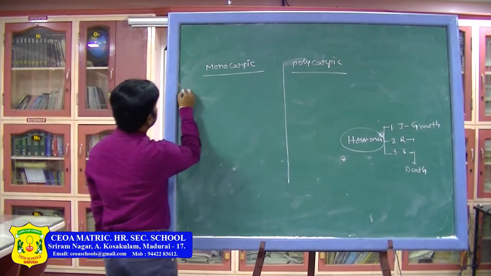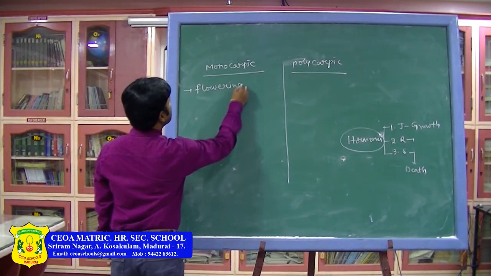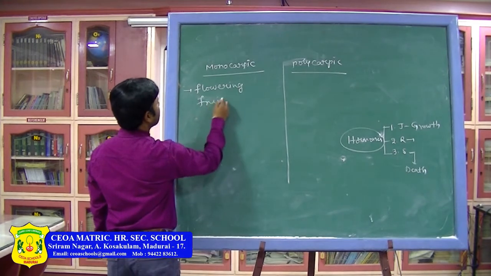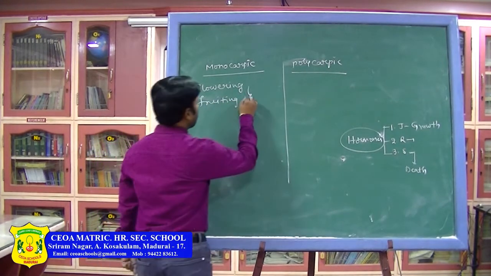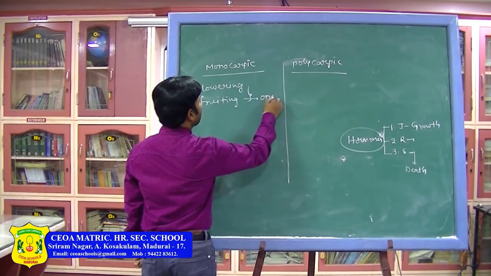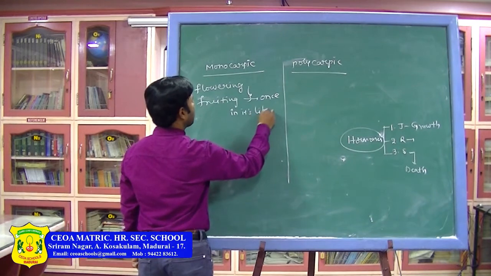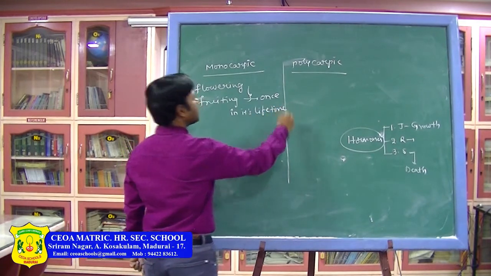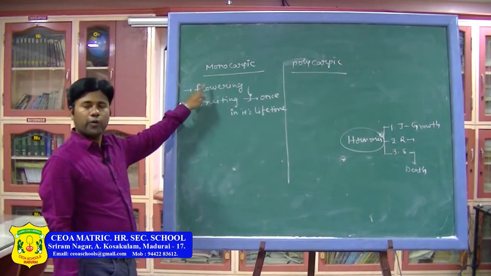Here monocarpic means flowering and fruiting, formation of the fruit, these 2 will happen only once in its lifetime. That is called a monocarpic.